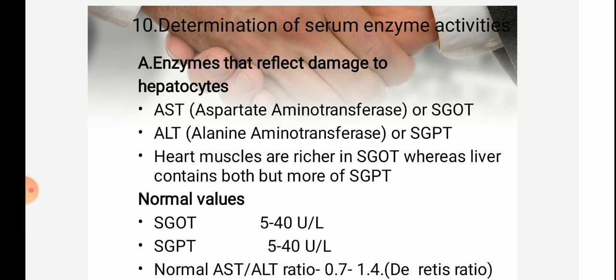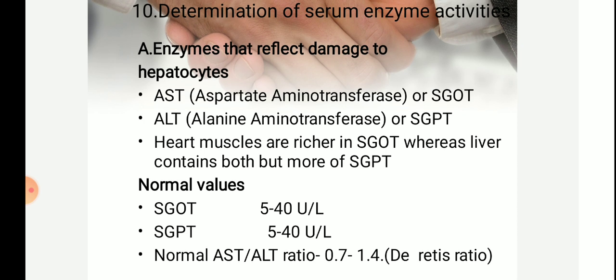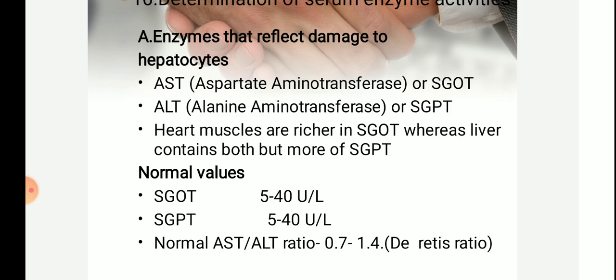Any SGOT variation in levels also indicates heart disease, not only liver disease. More specific to liver could be SGPT, relatively. Normal values: SGOT 5 to 40 units per liter, SGPT 5 to 40 units per liter. Normal AST ALT ratio is 0.7 to 1.4.